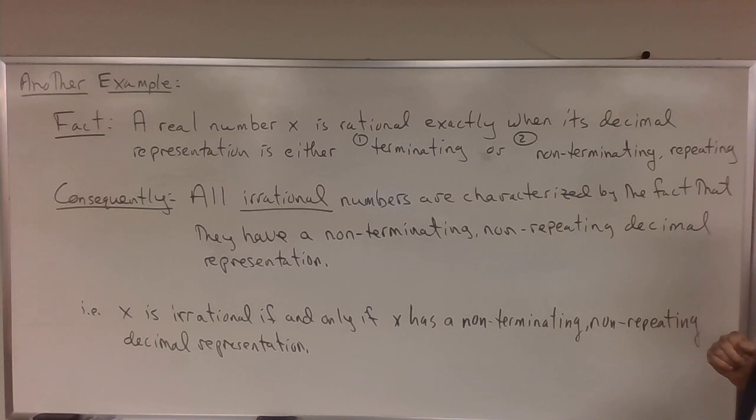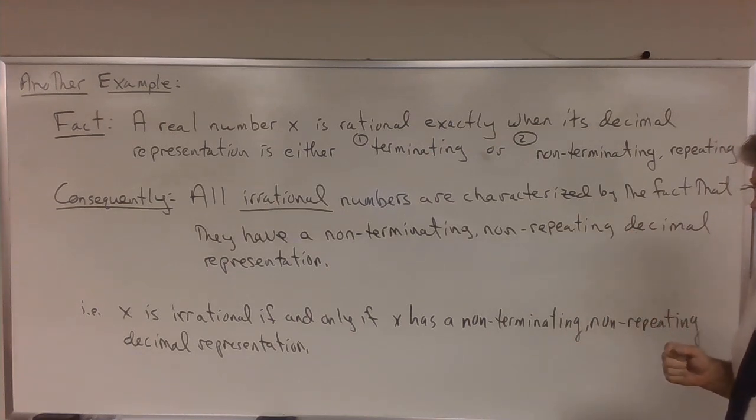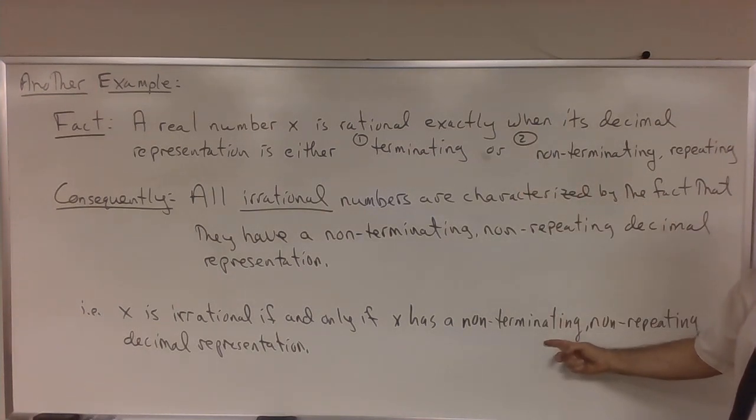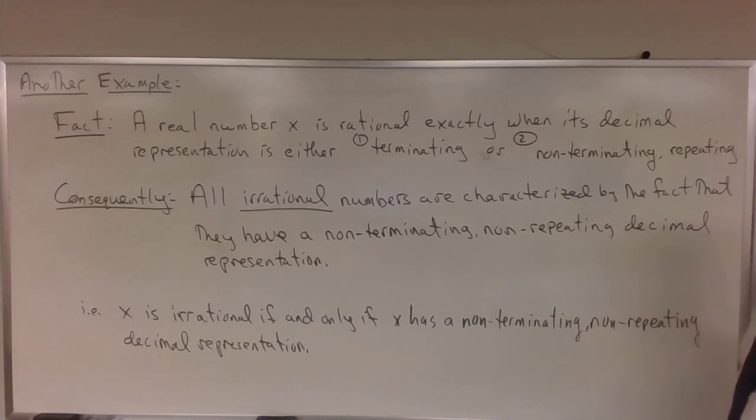If the decimal representation is non-terminating, it's either got to be non-repeating or it's got to be repeating. No number can fall into both categories. So either a real number is in this category or it's in this category. And x is irrational exactly when it has a non-terminating, non-repeating decimal representation.